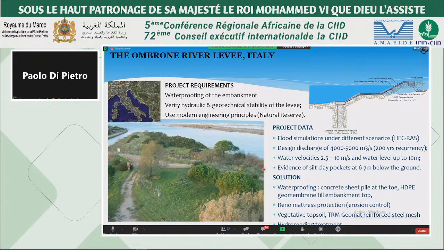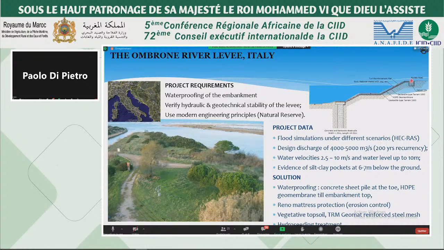On a aussi, bien sûr, recueilli les données du projet, les simulations d'inondation sous différents scénarios. Donc, le design de la décharge du débit de 4000 à 5000 mètres cubes par seconde, qui s'étalent sur 200 ans de récurrence.